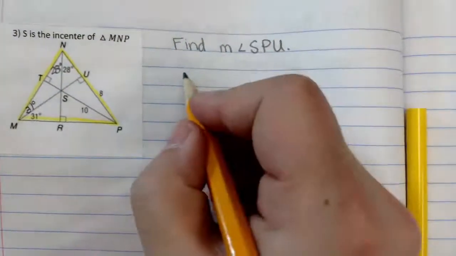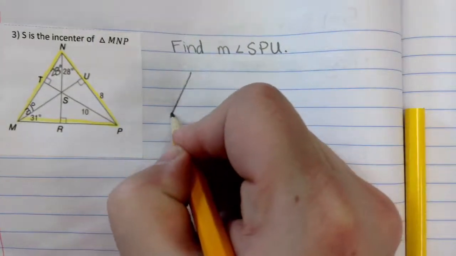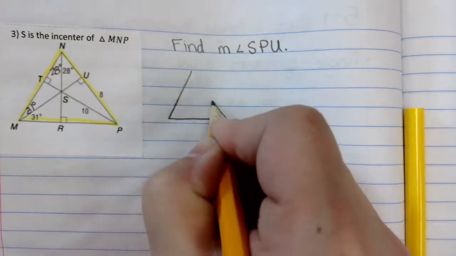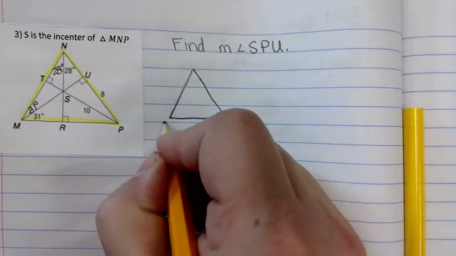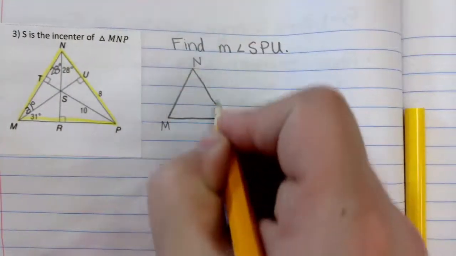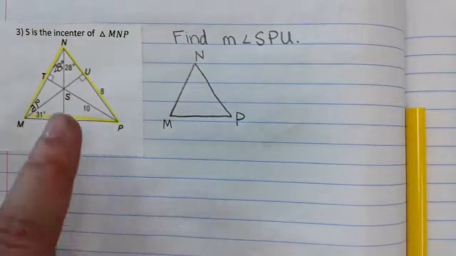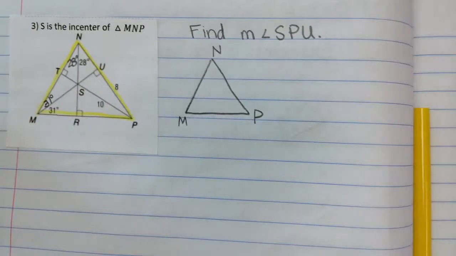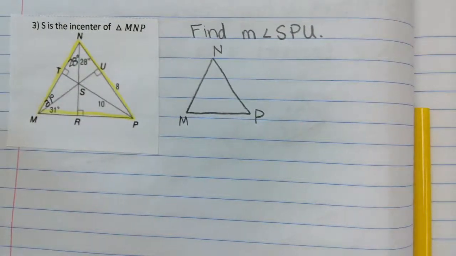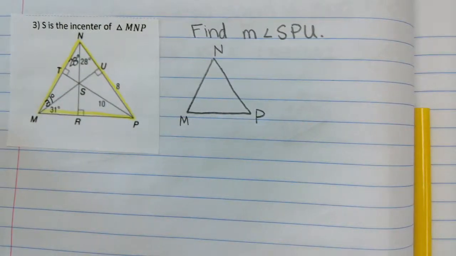Okay, and if I think about that triangle, I'm just going to draw it over here without all the lines in the middle because that looks like craziness. If I have M and P, how many degrees is angle M going to end up being together? It's 31 and 31. 62.